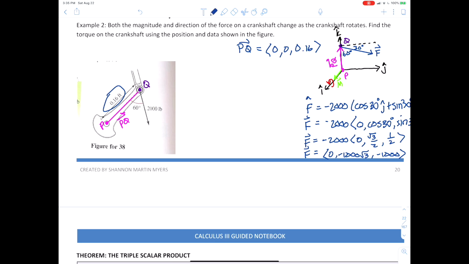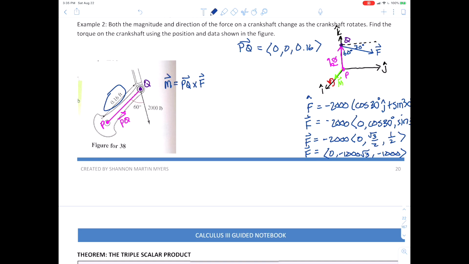All right, so PQ cross F is what our moment vector is, and so that'll be 0, 0, 0.16 cross 0, so this will be approximately negative 1732.05, and then negative 1,000.